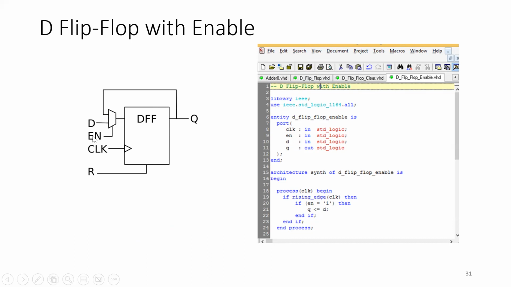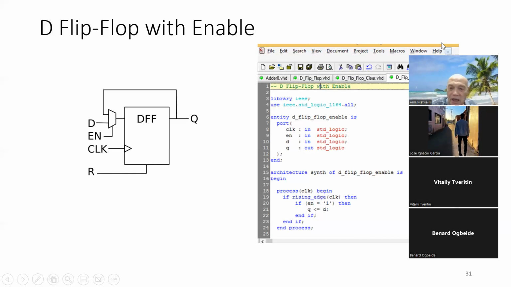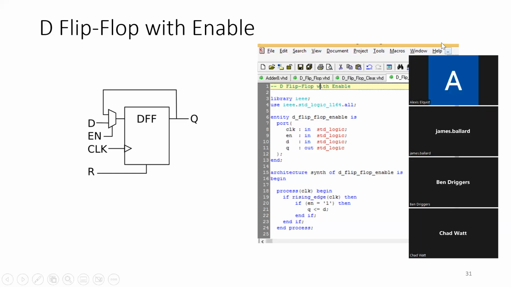But which one? Will I get D or will I get Q? This selector is selected by enable. If enable is 0, what will be my output?